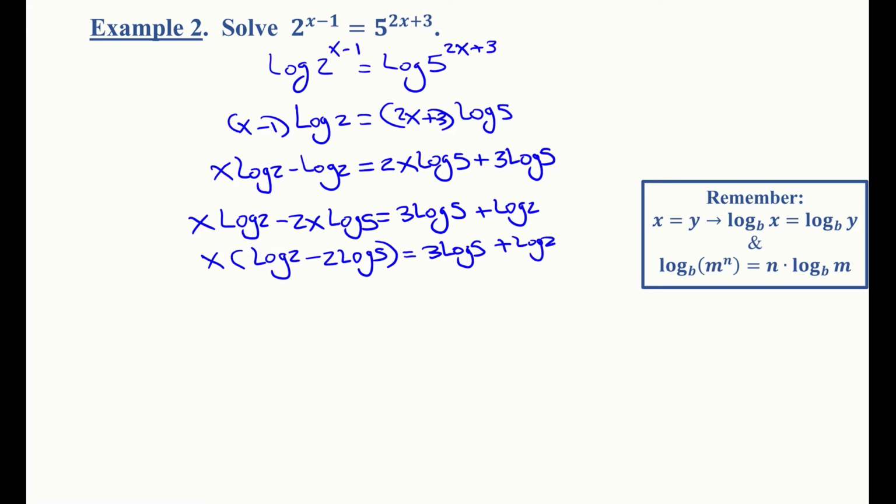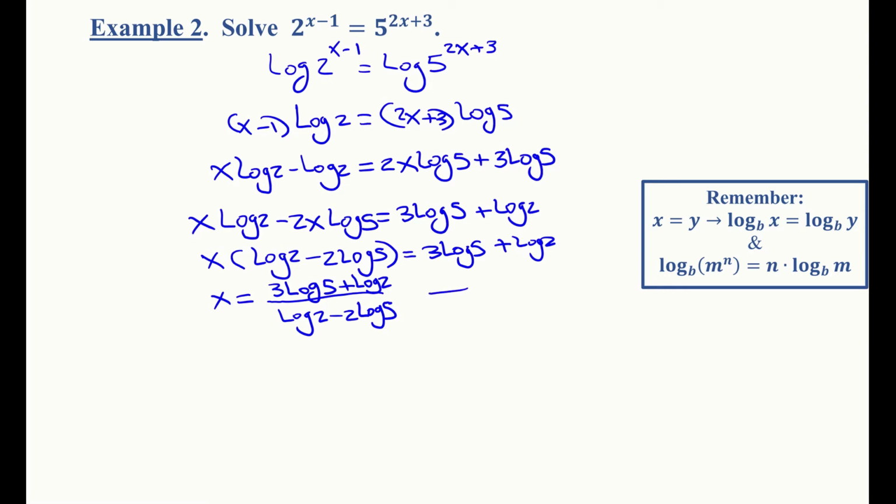And now all we have to do is divide both sides by this factor, this complex factor, to get it by itself. By complex, I mean more than one term. I don't mean a complex number. All right, so we end up with x equals 3 log 5 plus log 2 over log 2 minus 2 log 5.